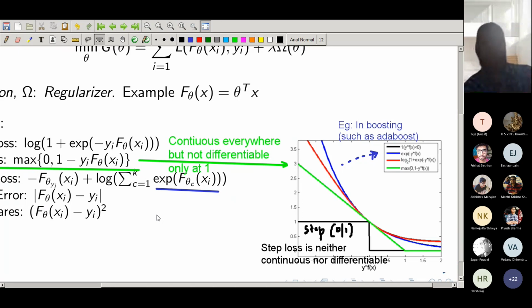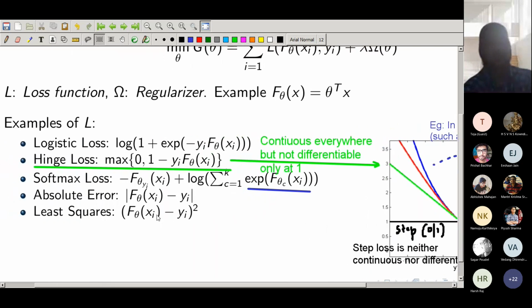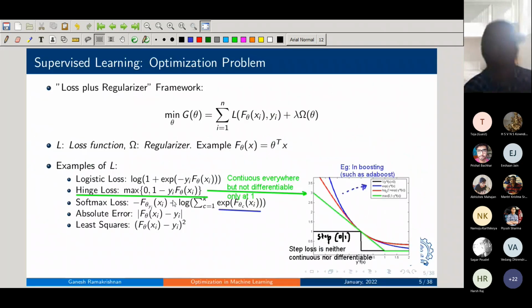Of course, now you can think of many other functions, but some others have been presented here. Absolute error, which is looking at the mod of the difference between the predicted and the true value. Right? And you can see that that would again have the problem of differentiability at some finite number of points.